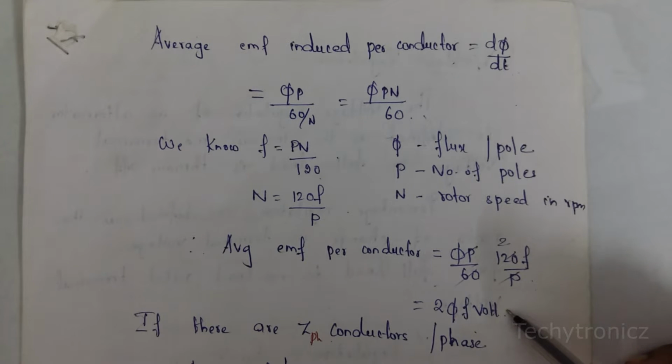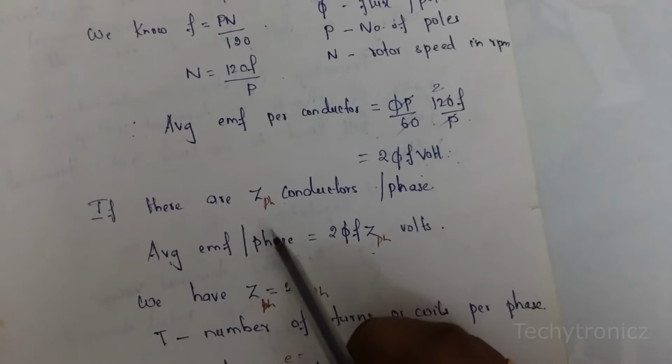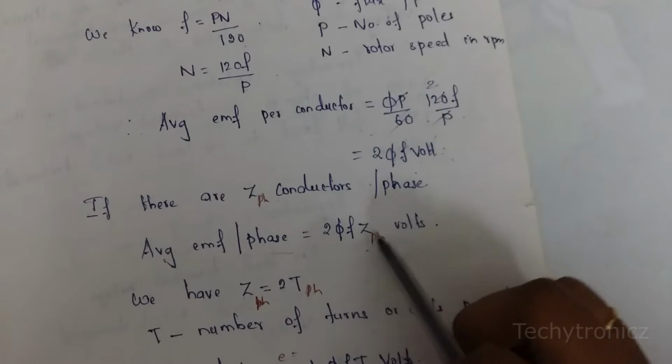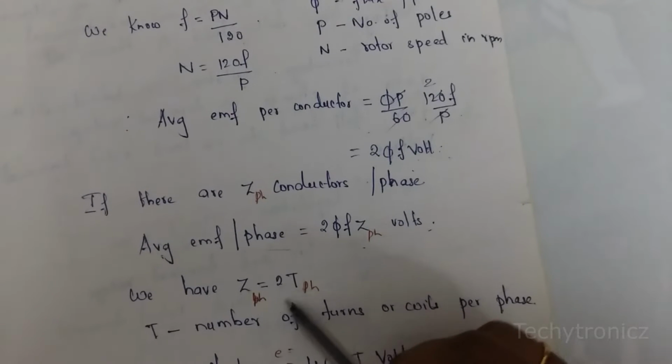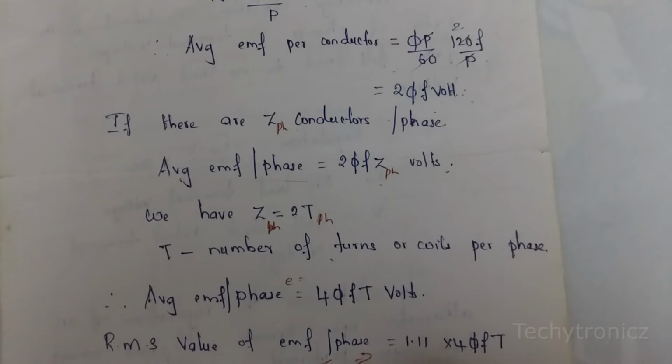This is for a single conductor. If there are Z conductors per phase, the average EMF per phase is 2φf into Z volts. Substitute Z = 2T, where T is the number of turns or coils per phase.